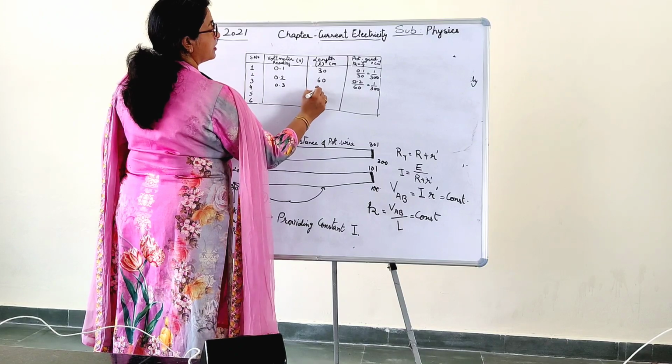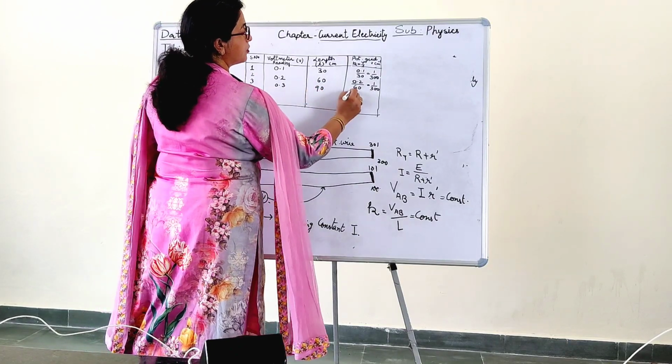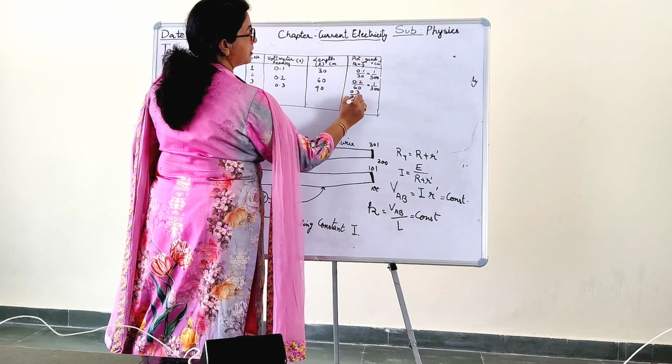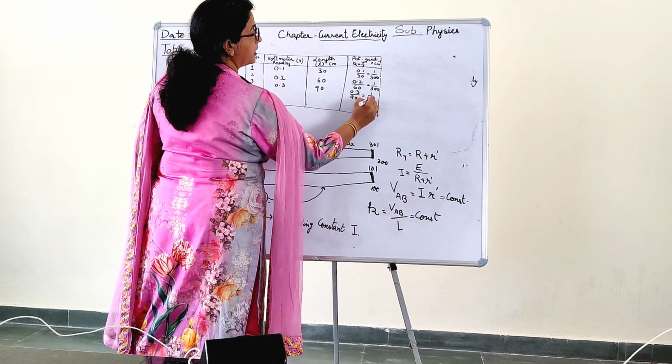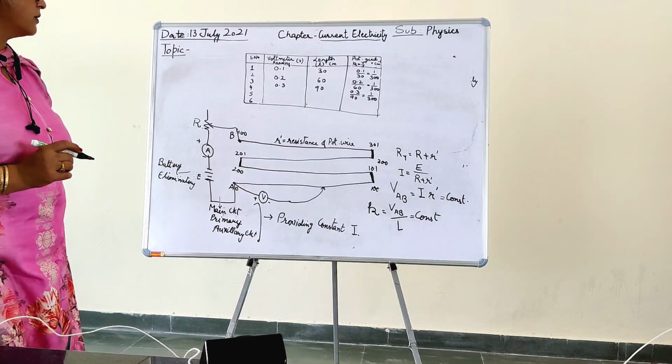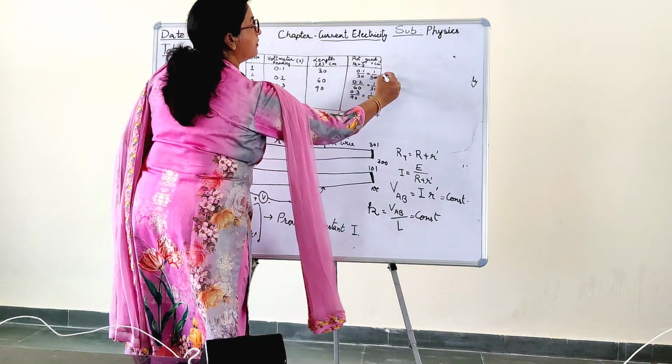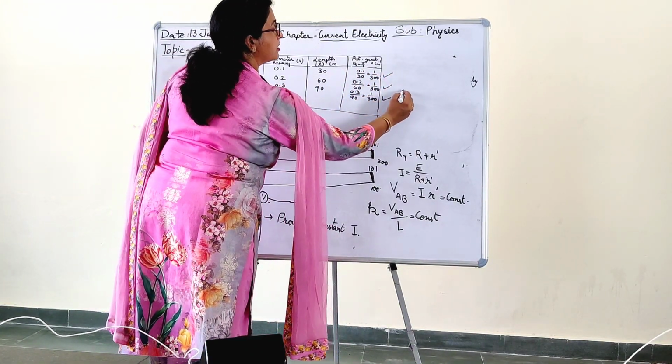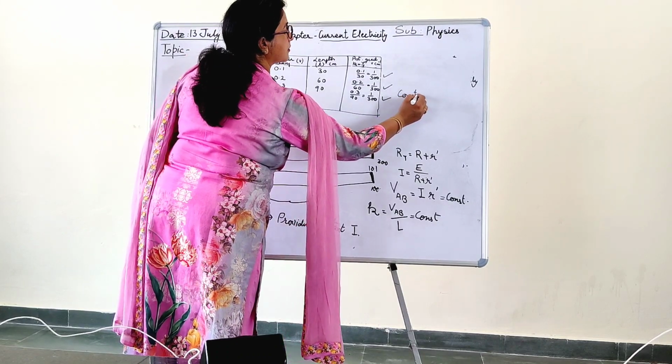Then 0.3, length 90, 0.3 by 90 is equal to 1 by 300 volt per centimeter. So the value of K is constant.